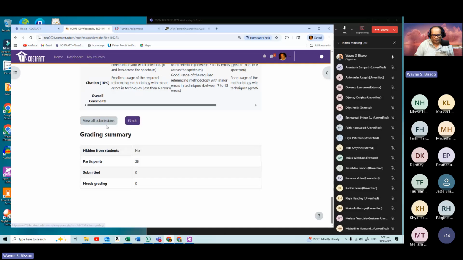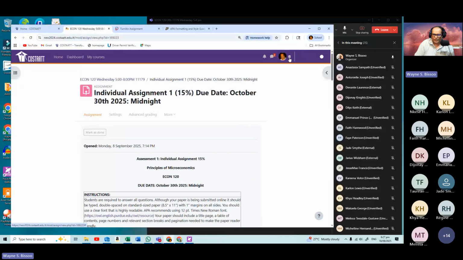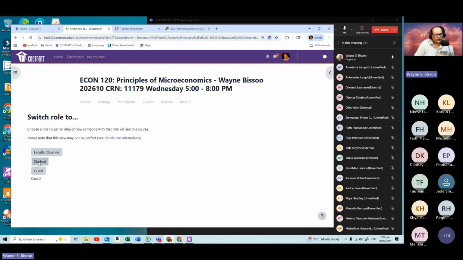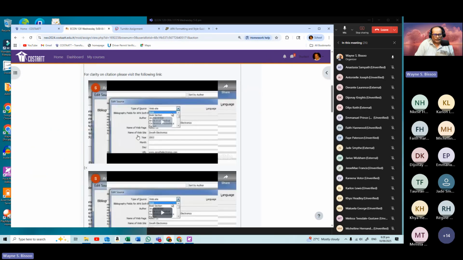For me, I see it as the place to view because I'm the teacher. So maybe if I change my view to student, it might display it the way you should see it.